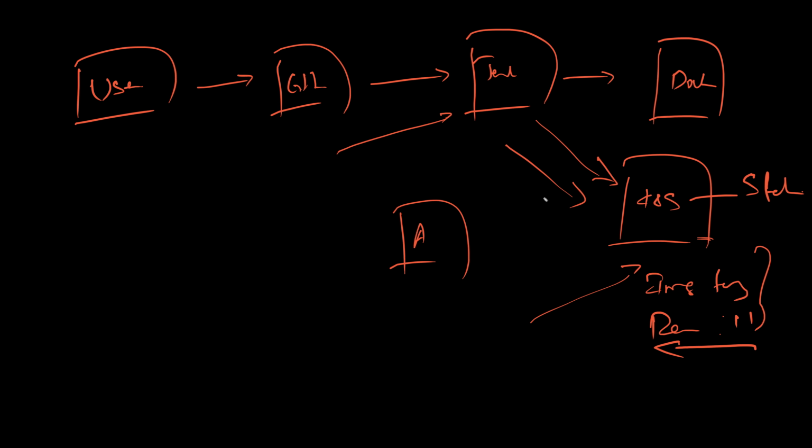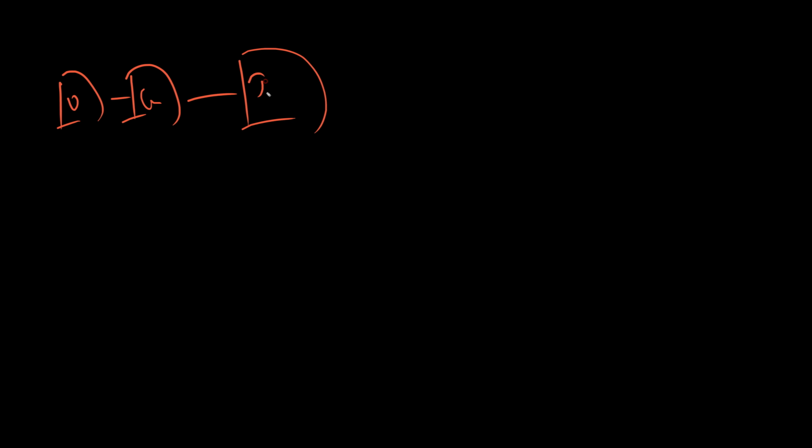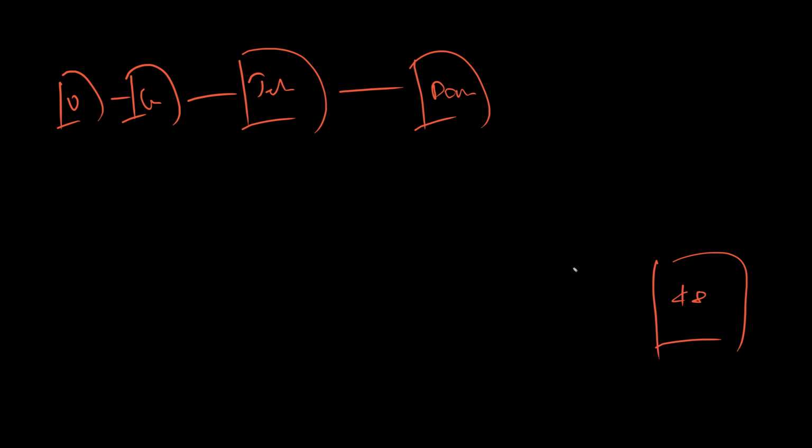Let's see how. Again, I'll take the same path. User pushes to GitHub and then goes to Jenkins and then to Docker Hub. Now here is the Kubernetes cluster. Once the image is pushed to Docker Hub, that's the complete CI part.